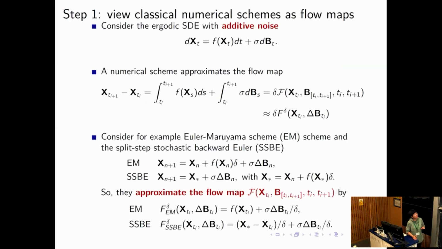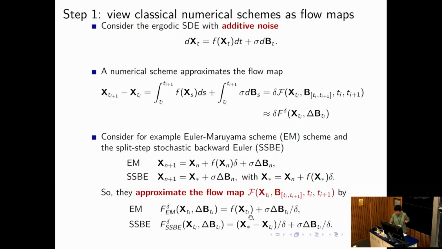Suppose you have an SDE with additive noise, and you consider one step; the numerical scheme approximates the flow map. This is the classical EM and the classical splitting step stochastic backward Euler scheme. They all try to approximate this flow map by this type of Taylor expansion approximation.